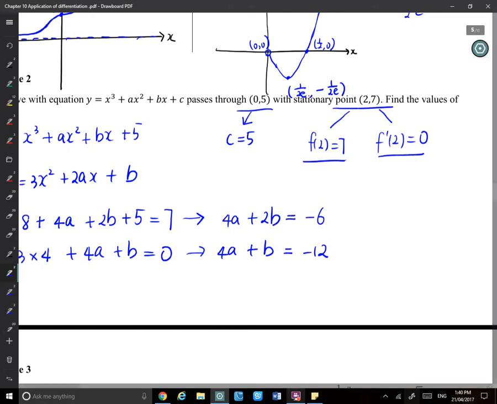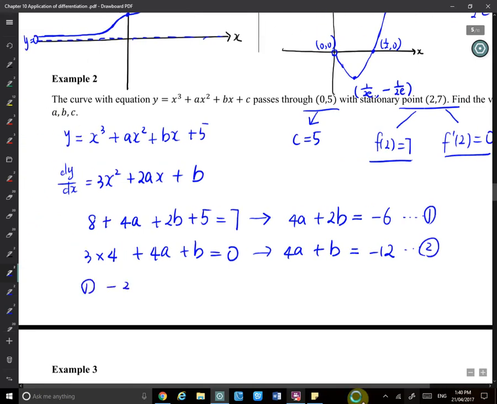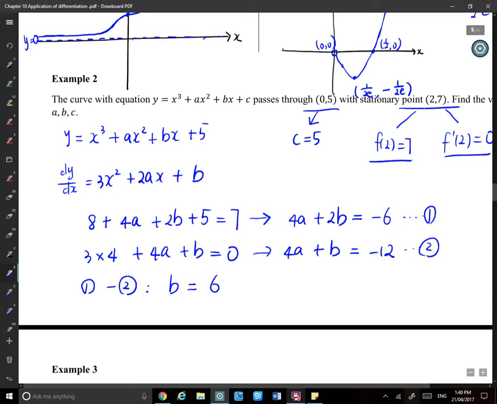Let's use the top one minus the bottom one. 4a minus 4a is 0, and 2b minus b gives me b. b equals negative 6 minus negative 12, which is negative 6 plus 12. That gives you 6. So b is 6.